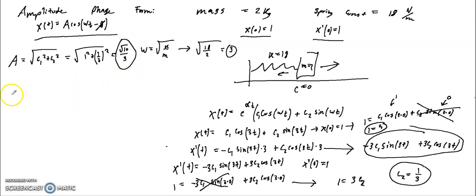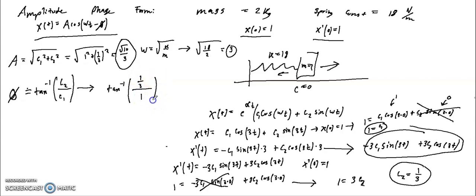And phi is defined as the tangent inverse of c2 over c1. So let's do that. Tan inverse of c2 over c1 is just 1/3 divided by 1, which is 1/3.